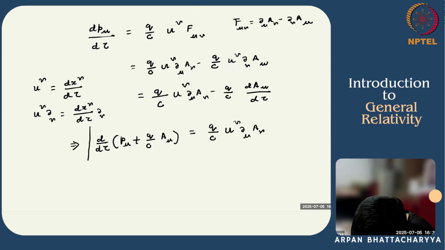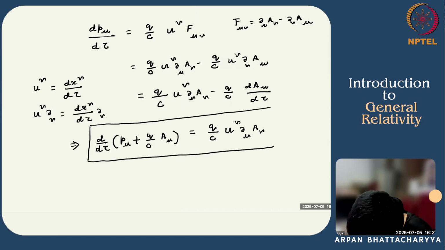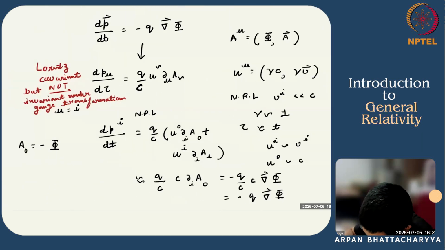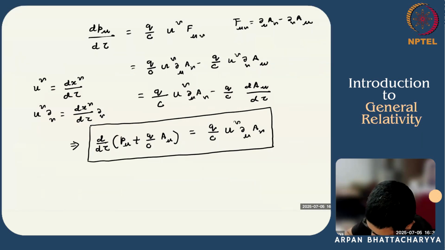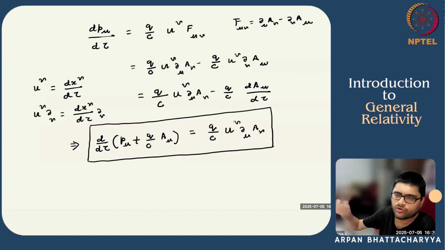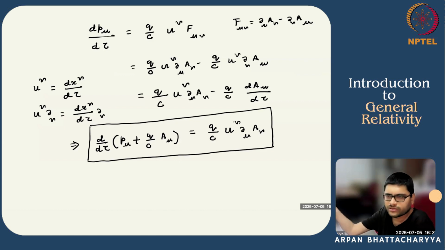Now, if you look at this equation, it is of the similar form to what we have written here. So this side is basically what you have expected, some q by c factor, then there is a derivative of the gauge field and the free index will be contracted with u. This is what you have guessed while trying to Lorentz covariantize this electrostatic equation.